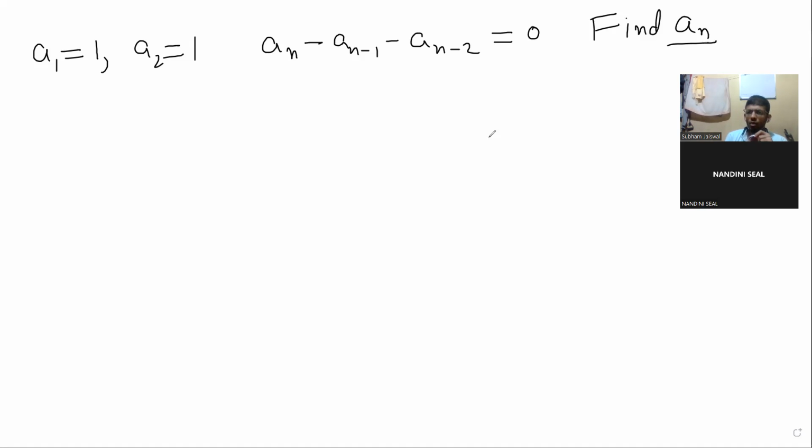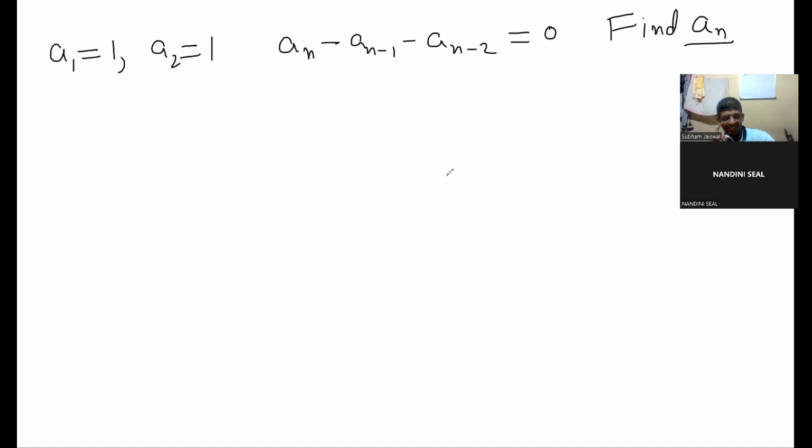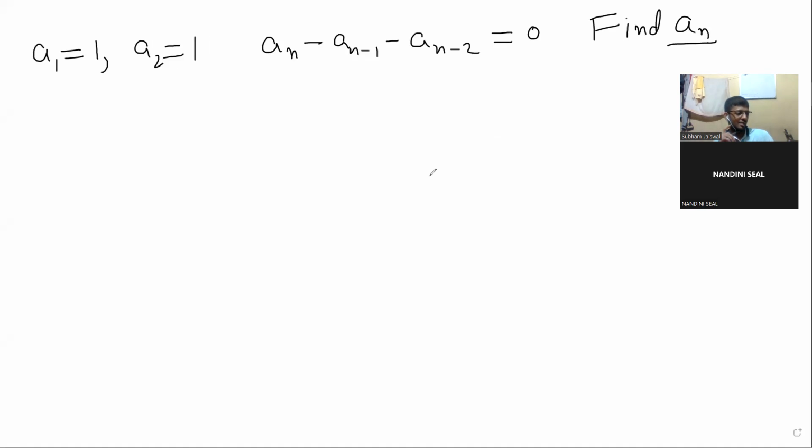So what are A and B, Nandini? I don't know what happened to others. They just don't want to join again. Maybe don't want to join again. Or is there some problem? Let's go to Google.